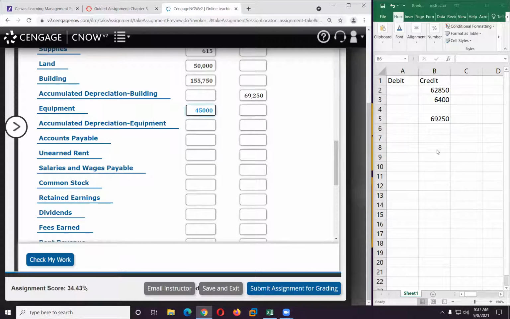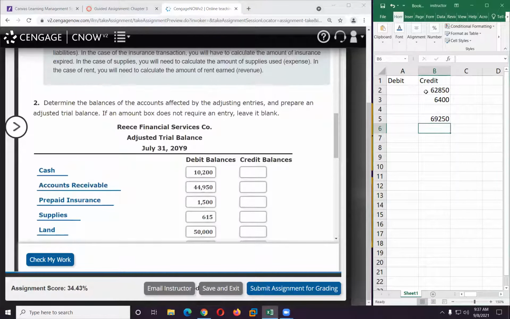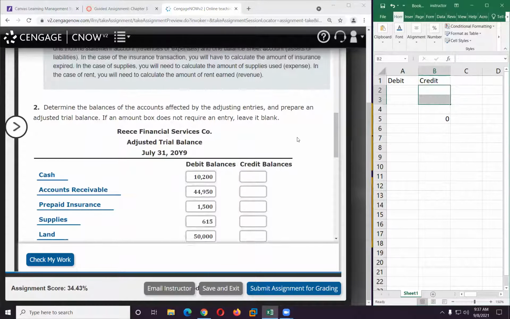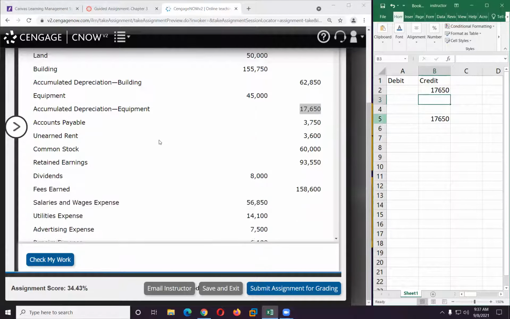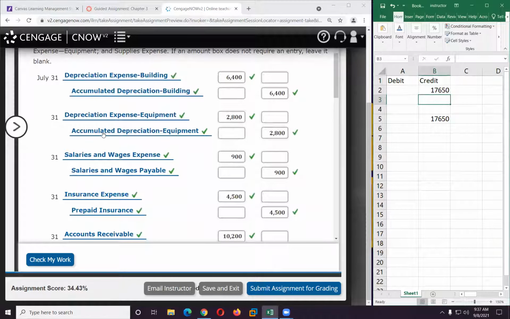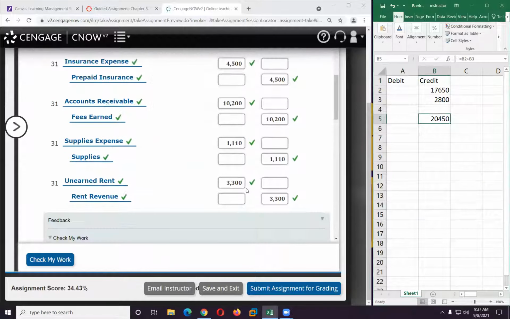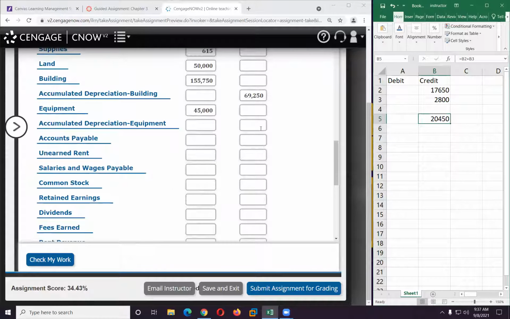Our accumulated depreciation on the equipment has a credit balance of 17,650 to begin with on the unadjusted trial balance. And then we made an adjustment of a credit of 2,800. So the new balance of that account is 20,450 on the credit side.